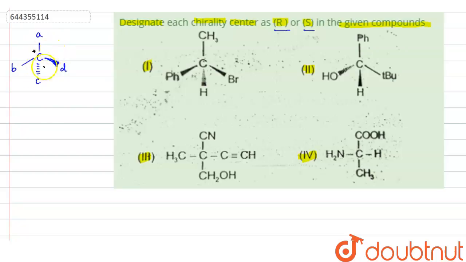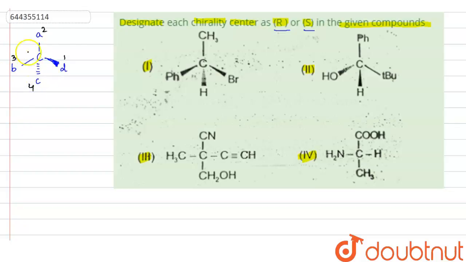Now, how will we give R and S configuration to this carbon atom? What we have to do, these 4 groups which are attached to this carbon atom will be given priority, right? And priority is given according to atomic number. So now suppose that according to atomic number, priority 1 is given to D, 2 to A, 3 to B, and 4 to C, right?